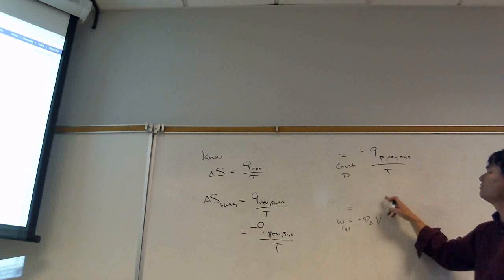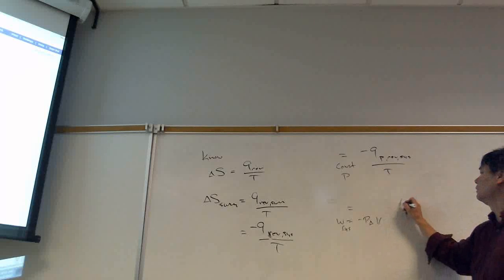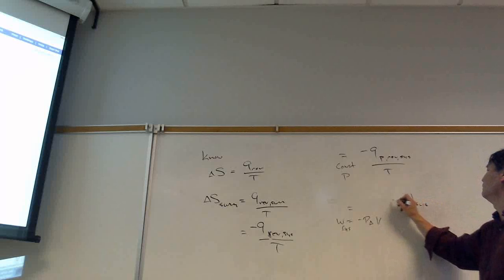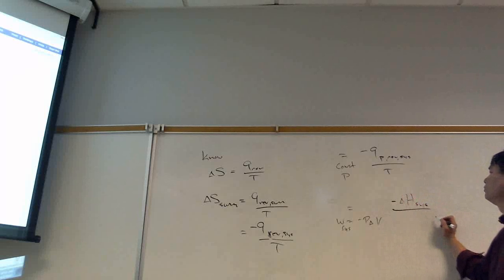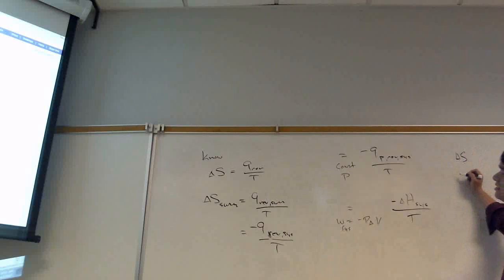So now we can define Q as delta H. And so this is going to be delta H of the system over T. So now what we have is delta S of the universe.